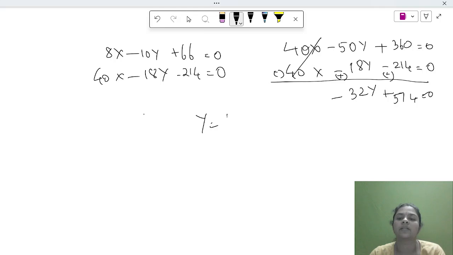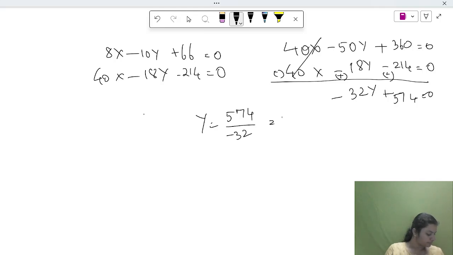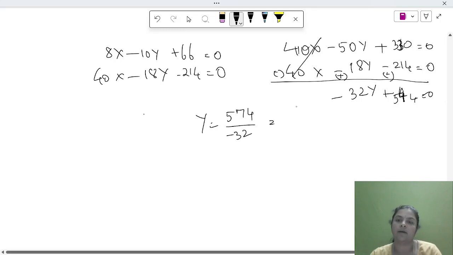So y equals 544 divided by 32, which gives y is equal to minus 17.